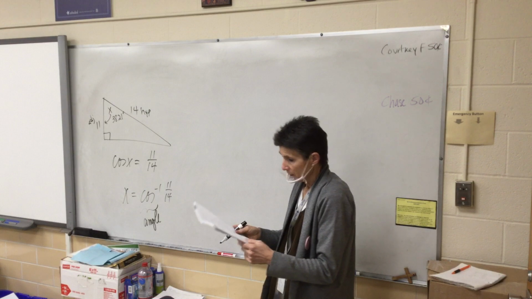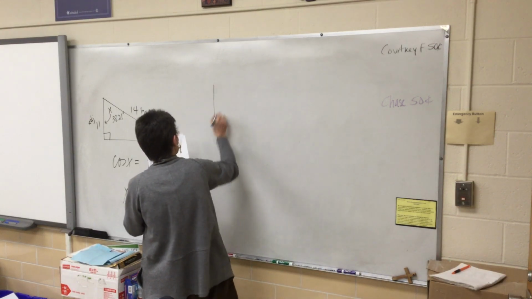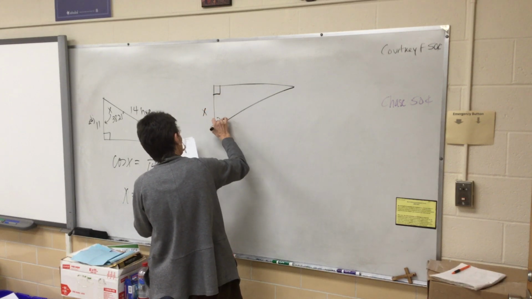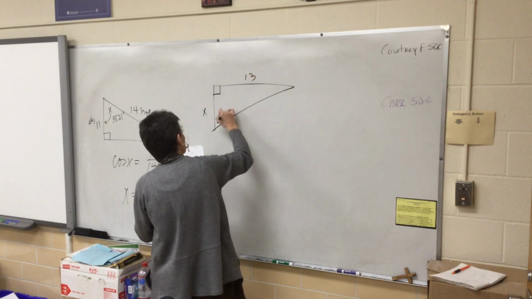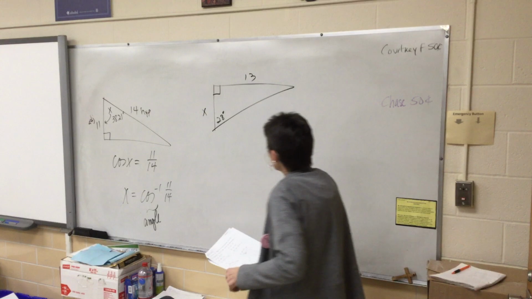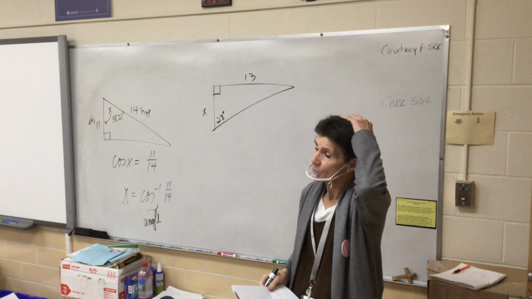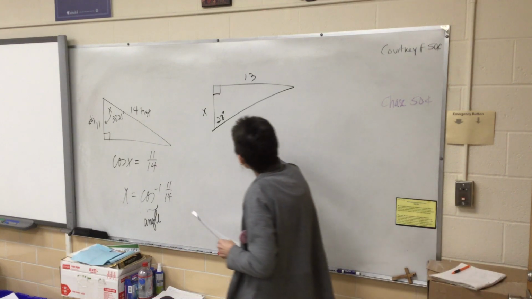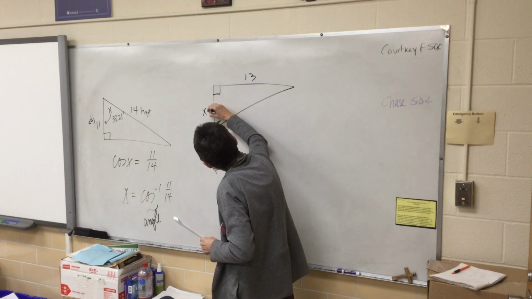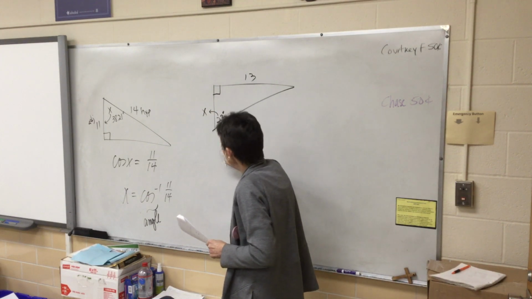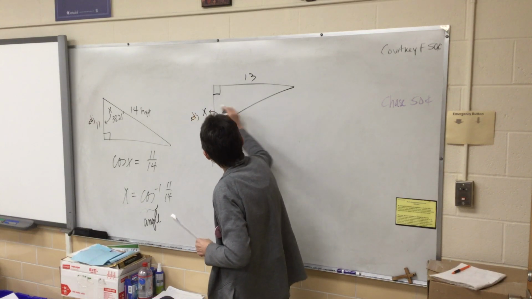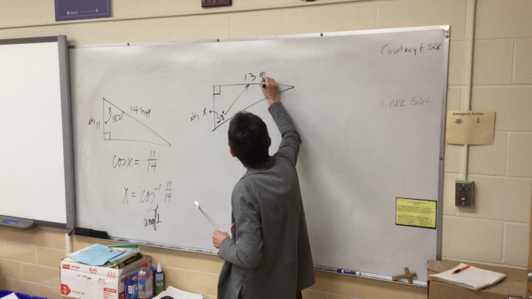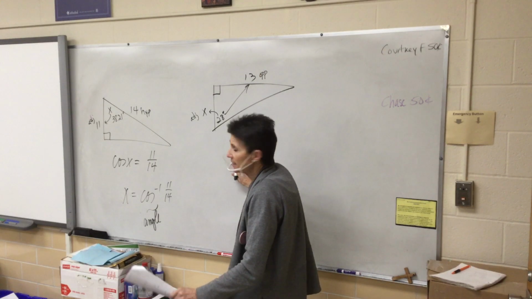Okay? Oh, we got another one. Here we go. Once again, we need an equation. Pay attention. Which side is this? Adjacent. Which side is this? Opposite. Which function will I use? Tangent.